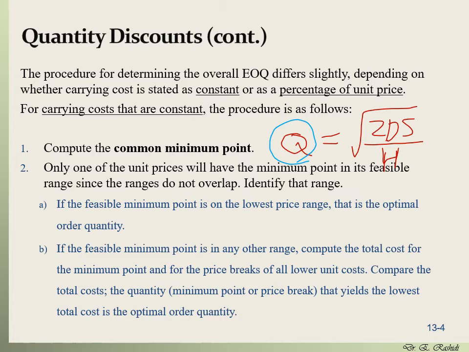And then compare the total cost of inventory, that's the carrying cost plus the order cost plus the purchasing cost, and the quantity that would give you the lowest total cost would be your optimal order quantity.